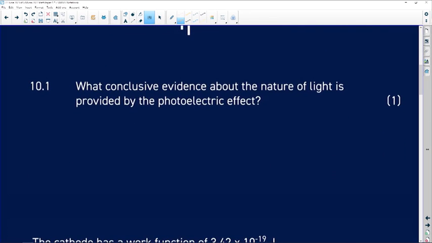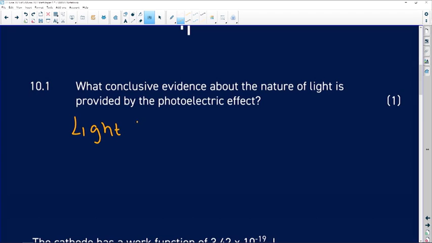10.1. What do we have here? What conclusive evidence about the nature of light is provided by the photoelectric effect? We know that light has a particle nature. That is the conclusive evidence that one can take out from this, that light has a particle nature.